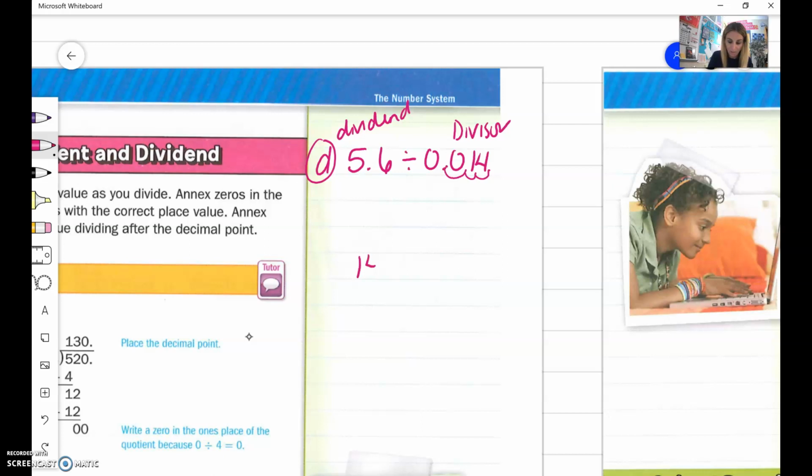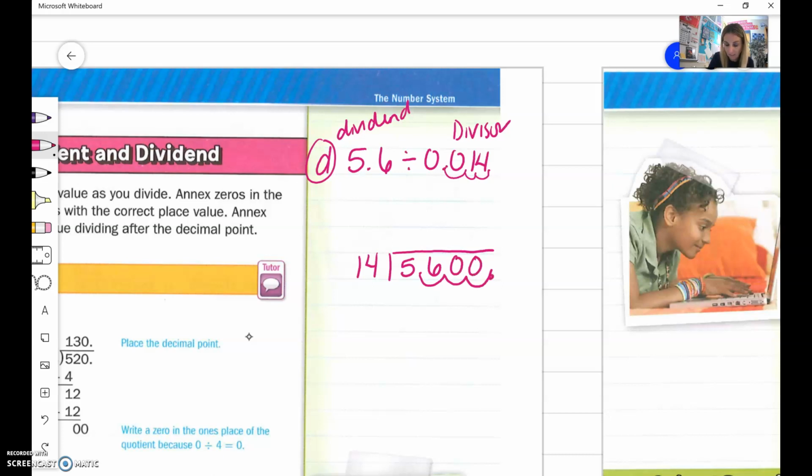So my new divisor is now 14, and I have moved it over 3 places. So now I'm going to take 5 and 6/10, and I'm going to move it over 3 places. Again, I'm really multiplying it by 1,000 because I multiplied my divisor by 1,000, therefore I have to multiply my dividend by 1,000. So 1, 2, 3.